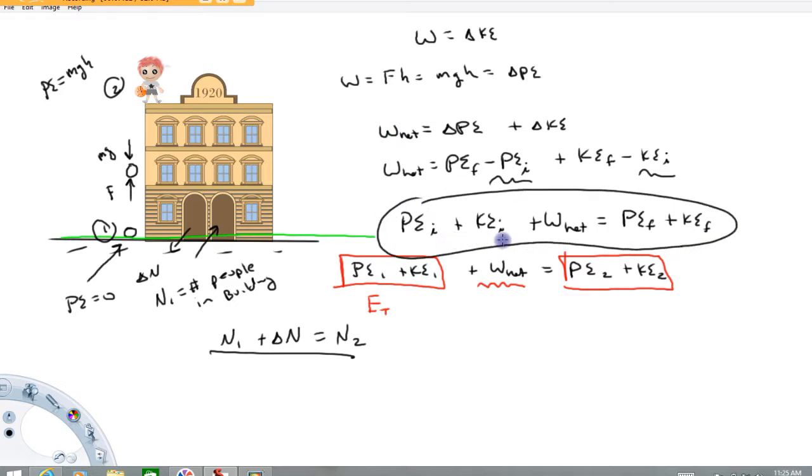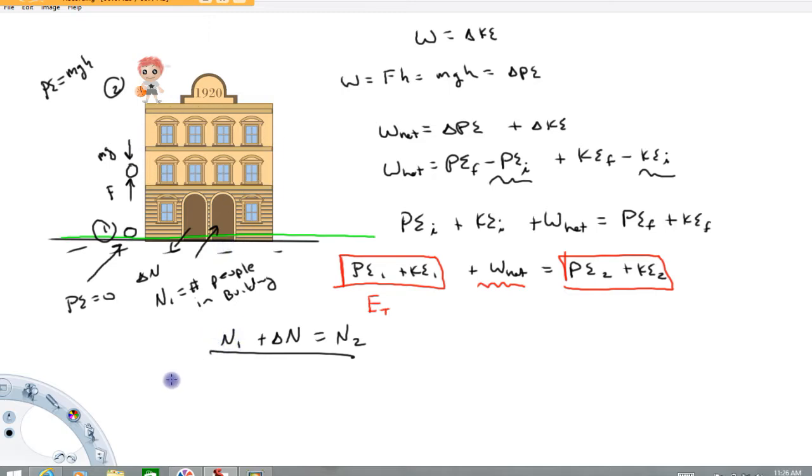Now the work energy theorem has more detail to it. Let's take this and break it down even further. This N1 is the sum of two things. It's the number of males in the room plus the number of females in the room. I said room, I meant building. So I could, if I wanted to, express that as number of males, state 1, plus number of females, state 1, plus the change in the number of people going in and out the door.